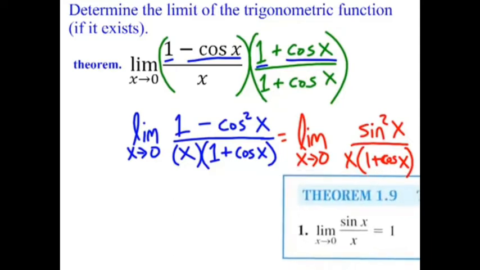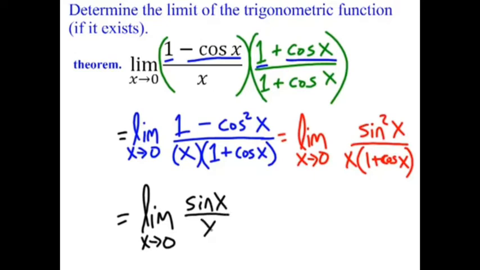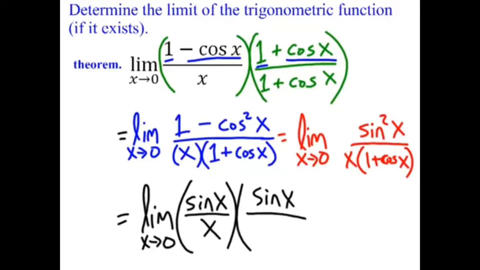I will be using this theorem, that the limit as x tends to 0 of sin x divided by x equals 1. So I will set this limit, x tends to 0, and write sin x divided by x multiplied by, again, sin x divided by 1 plus cos x.